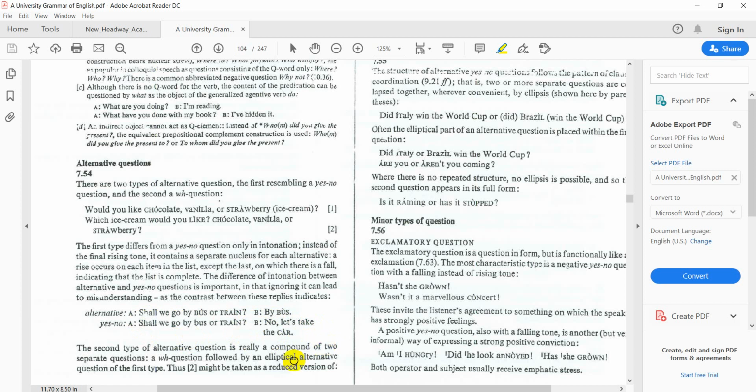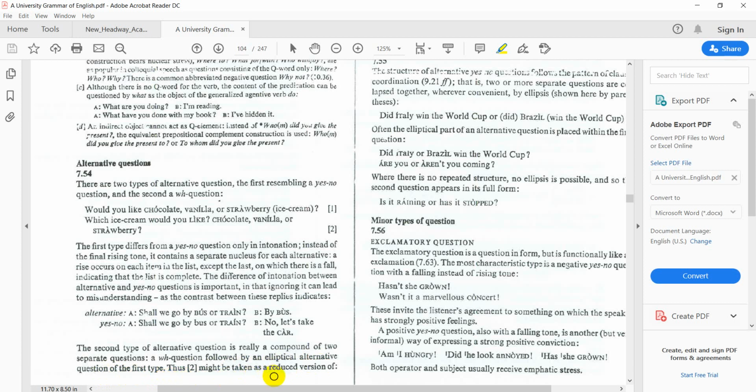The second type of alternative question, so there is another type in which we mix both. We mix the WH element with the type one when we ask by the operator. So the second type of alternative question is really a compound of two separate questions, a WH question followed by an elliptical alternative question of the first type.